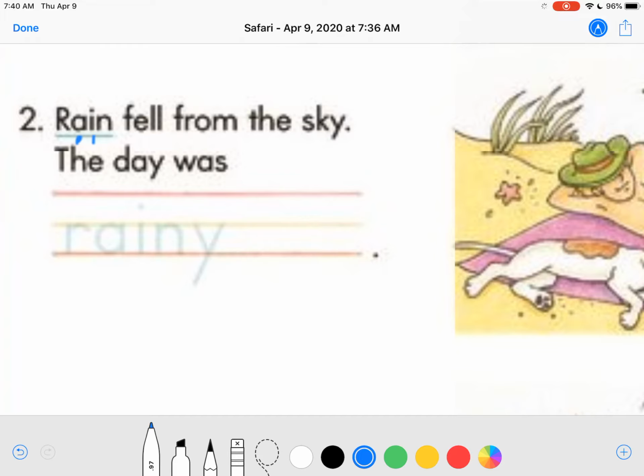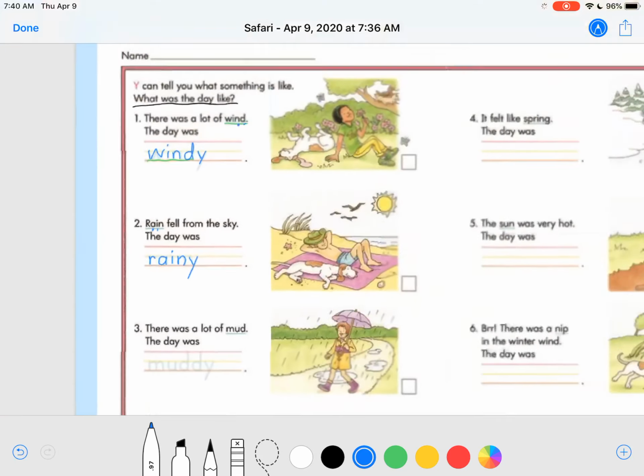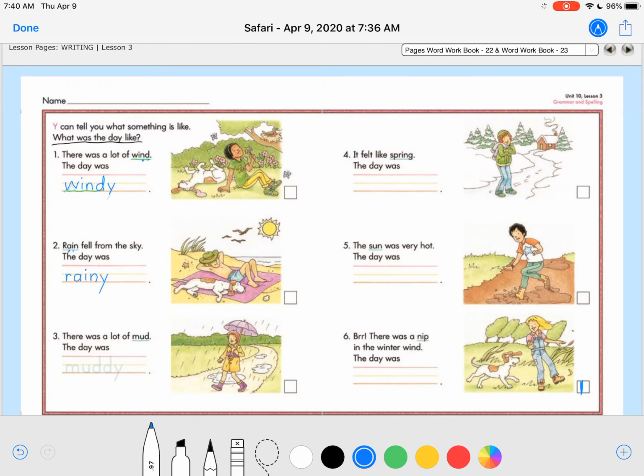I already have my two. That means that I can just add the ending without doing any other changes. So I'm going to write rainy, R-A-I-N, just the same, and add a Y. Rainy. The day was rainy. Now I'm looking at all six pictures and I'm thinking, which day is rainy? Oh, that's right. It's down here with Cass.